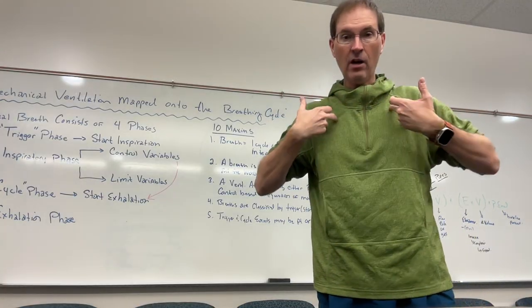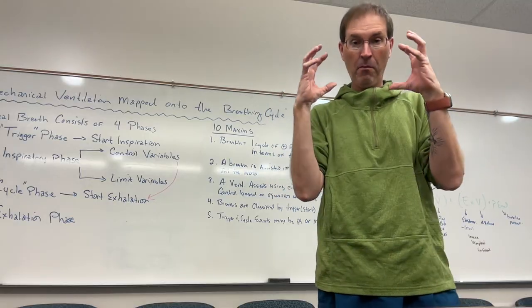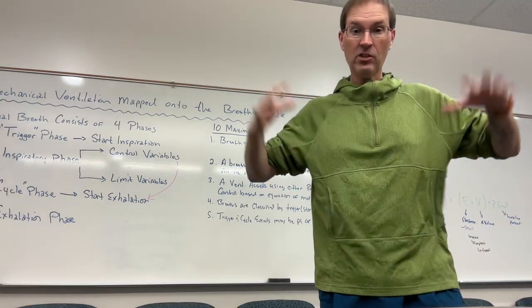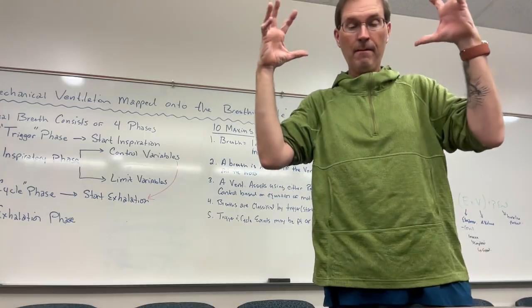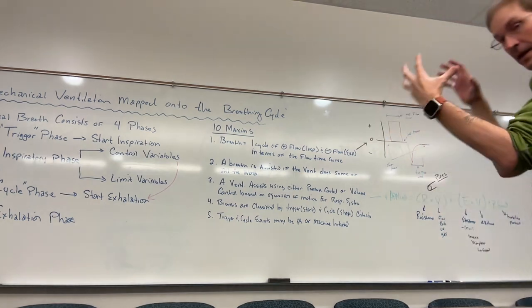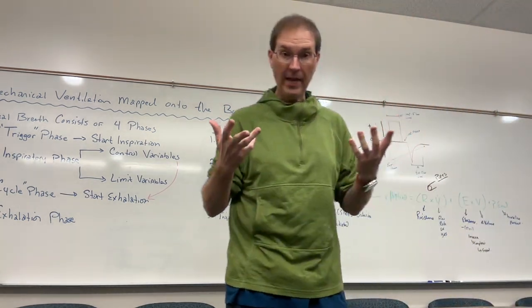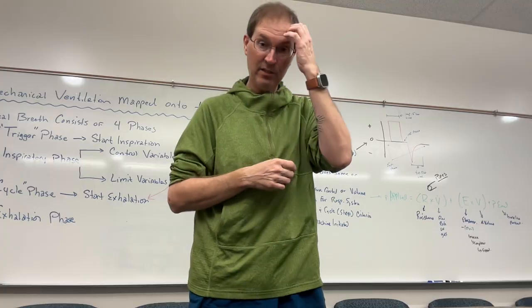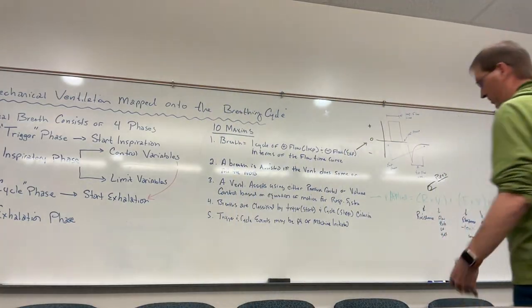Not only is it the lungs, but the chest wall, the relaxation of the muscles and the connective tissues of the chest wall, and even the abdomen can also play a part in the overall elastance of the lungs. Now, there is another concept called compliance, which is related to elastance, and compliance is the inverse.